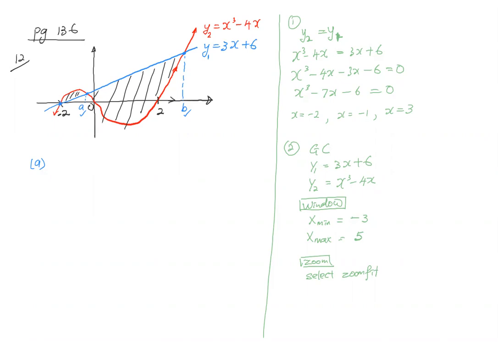Then the next step, I have to go to second trace. Then I have to select intersection. Then you have to do it 3 times. Why? Because there are 3 intersections.